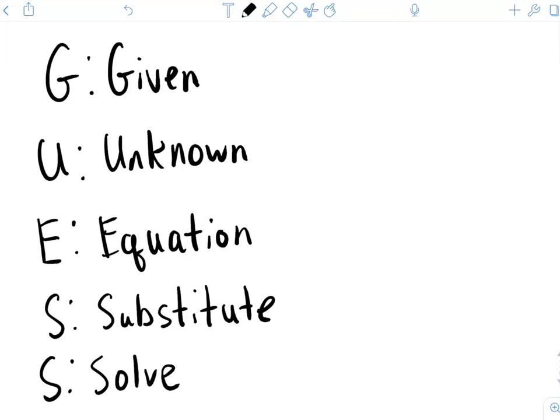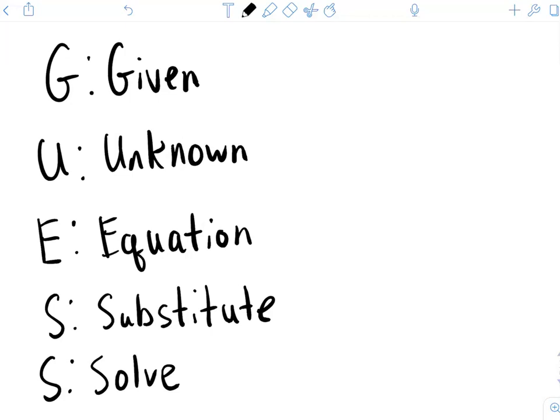The reason for that is, 1, this helps you identify what you actually need from your word problem and what you don't. 2, it keeps everything organized. And 3, it makes you slow down. Because a lot of times you're like, oh, well, I know what to do, I'll just go ahead and plug it in, whatever. And then you end up messing up. So that's the point of the GUESS method.